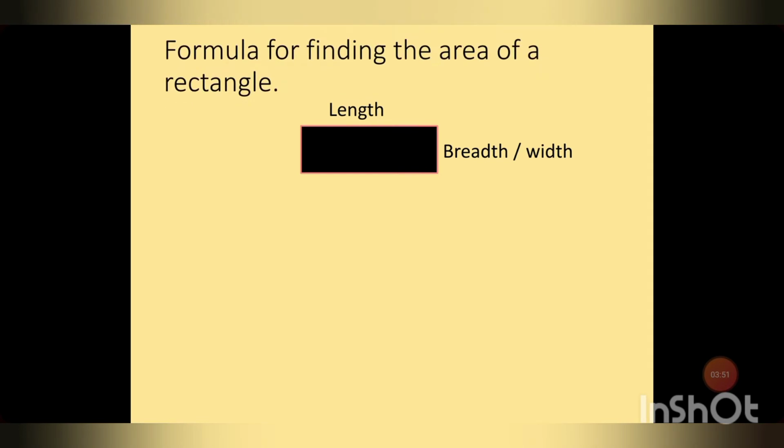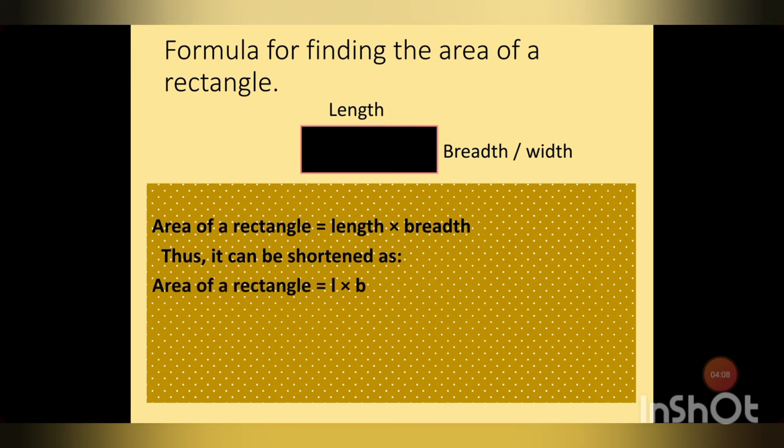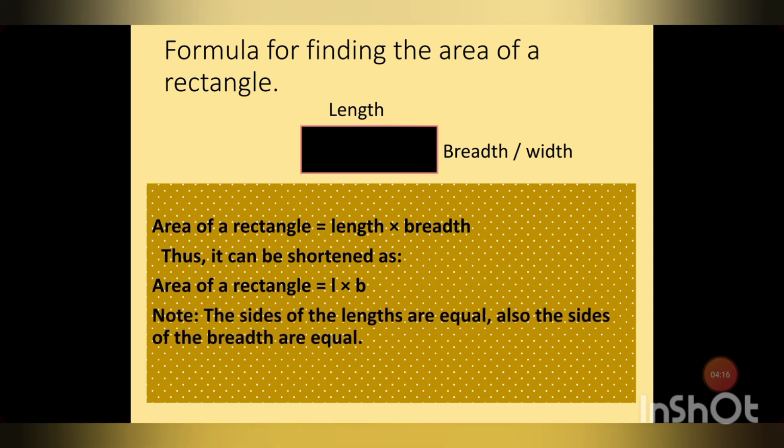Now, the formula for finding the area of a rectangle. Area of a rectangle equals length times breadth. This can be shortened to L times B, where L means length and B means breadth.